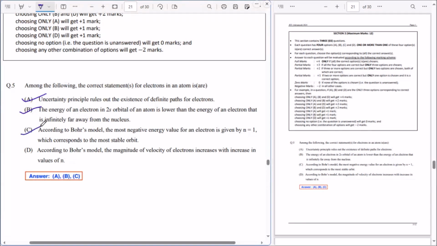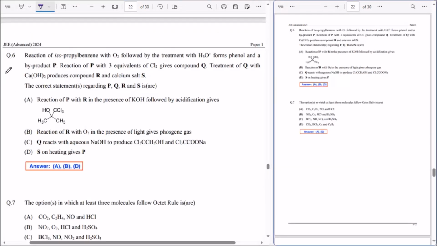Yes. C. According to Bohr's model, the most negative energy value for an electron is given by n equal to 1, which corresponds to the most stable orbit. So, among the following, the correct statements for electrons in an atom is A and B and C is correct option, students.